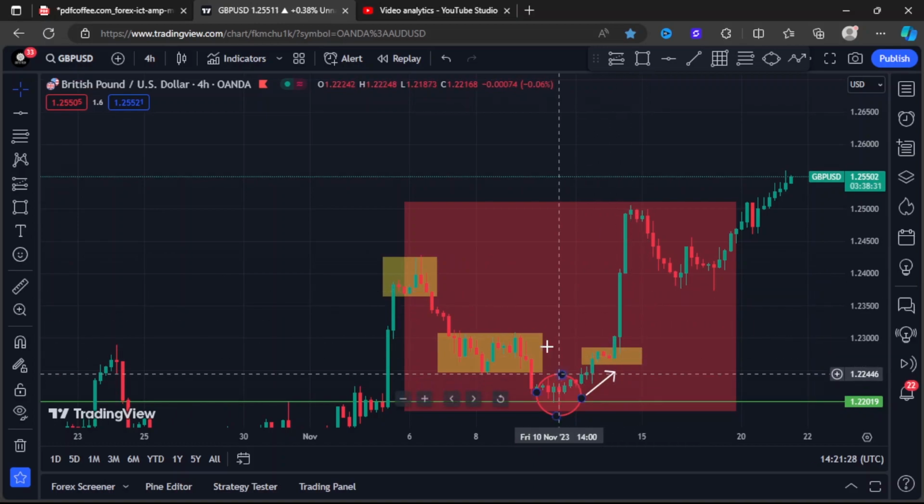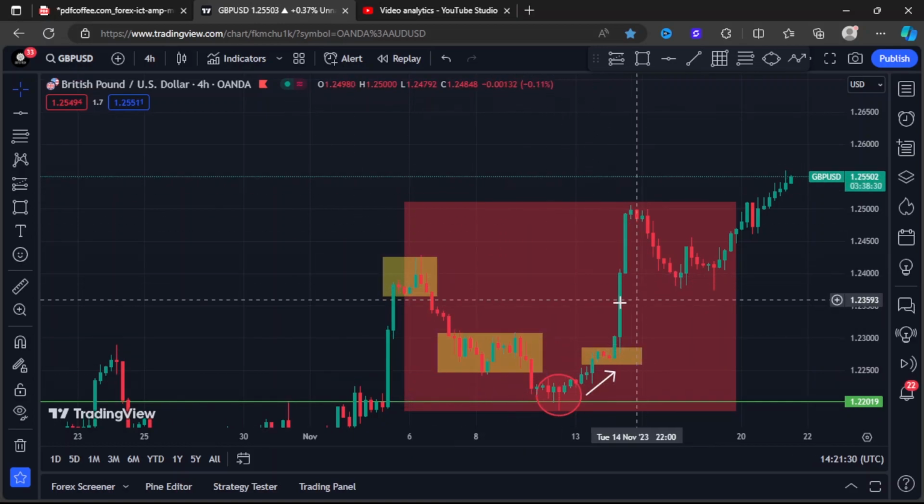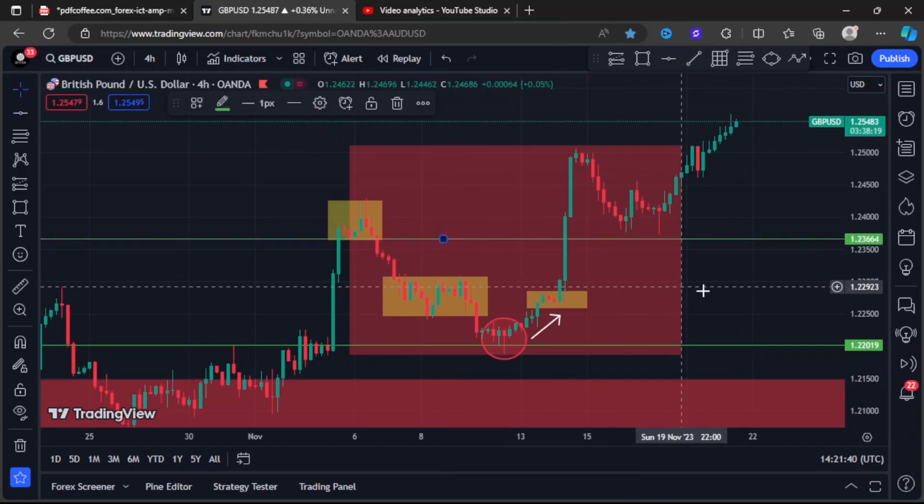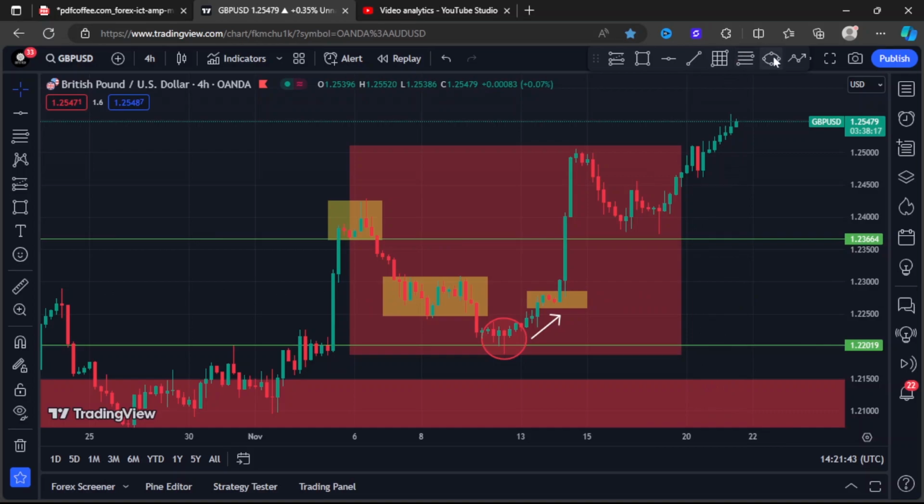So if there were to be any fractal or some accumulation or consolidation around here, we are supposed to close the trade right below this first opening price consolidation. So we are supposed to close the trade around here.